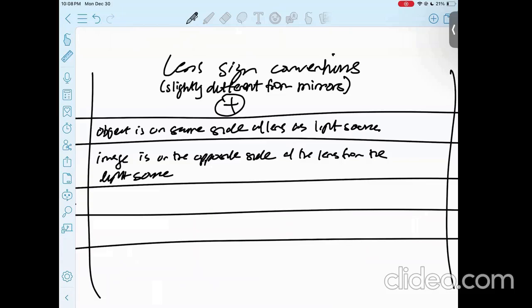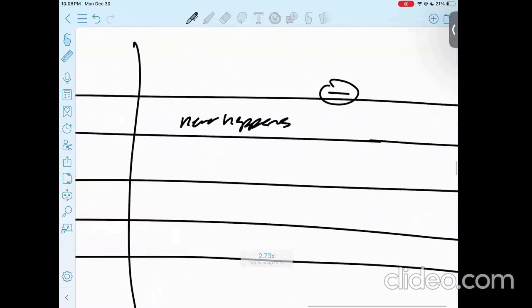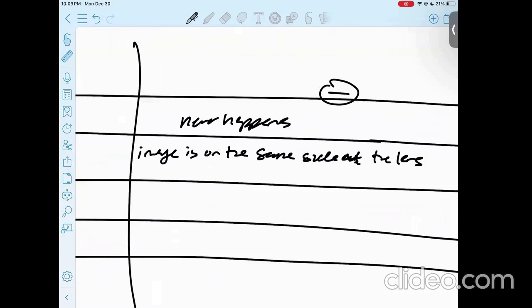Remember, for the mirror, it was the same side, but that's because mirrors work on reflection and lenses work on refraction. That's why there's this difference. And so now, if the image distance is negative, that means that the image is on the same side of the lens as the light source.